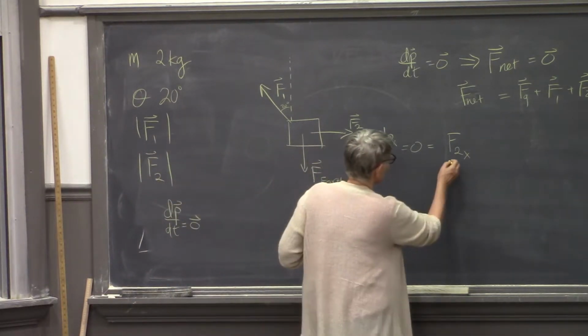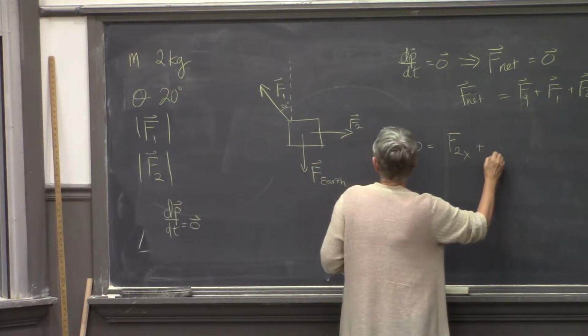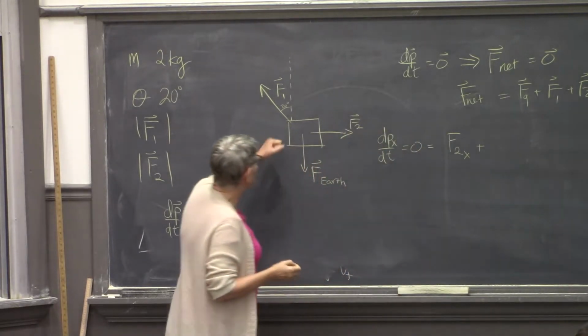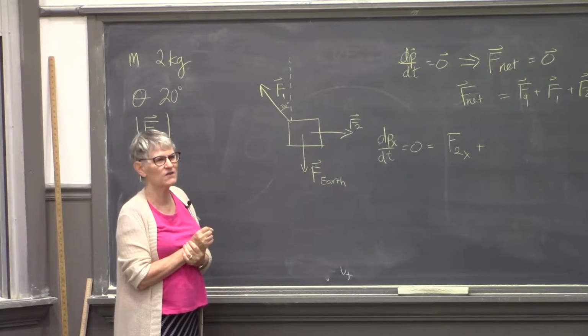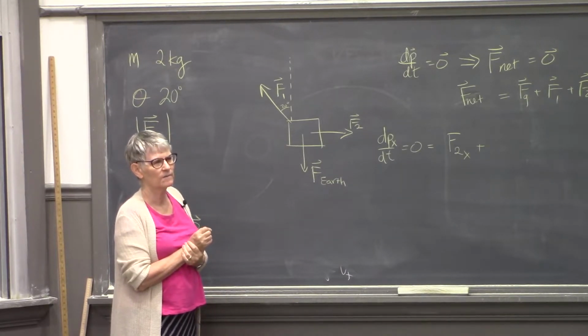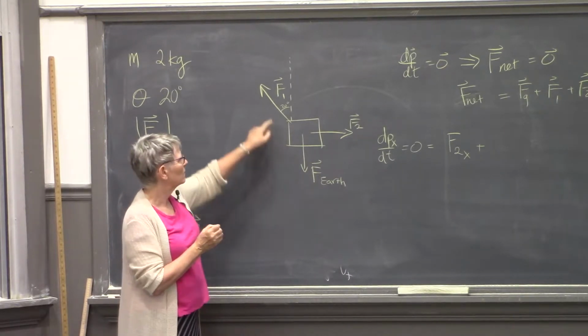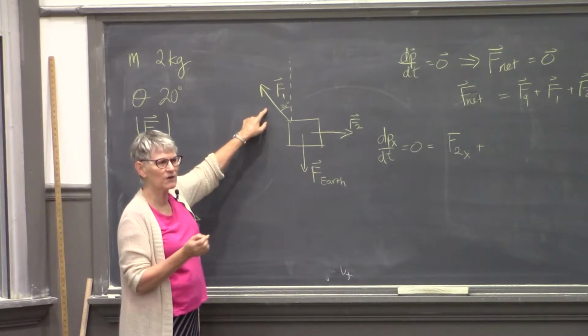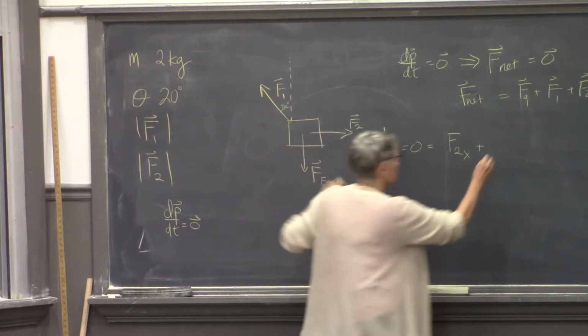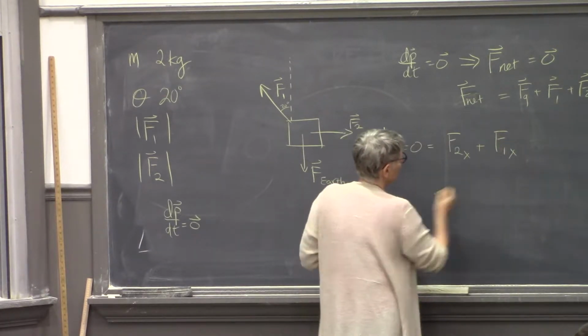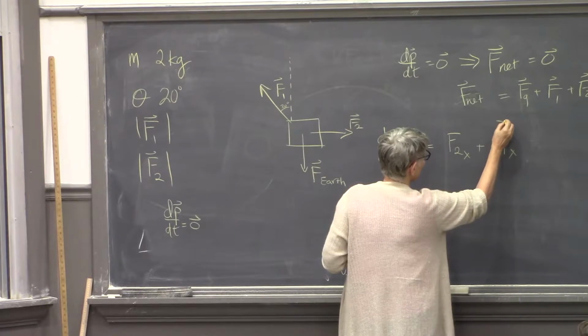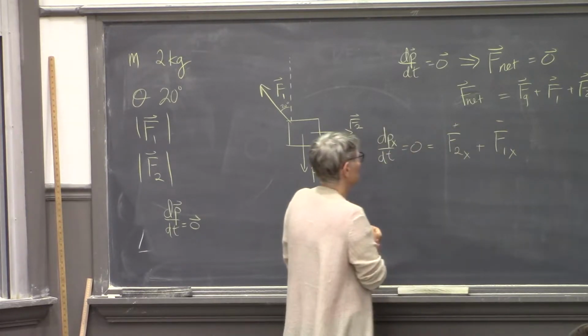So this is going to be a positive number. And what else has an x component? This force has both an x and a y component, right? So F1x. And this one is going to be in the negative x direction, and that one's in the positive x direction.